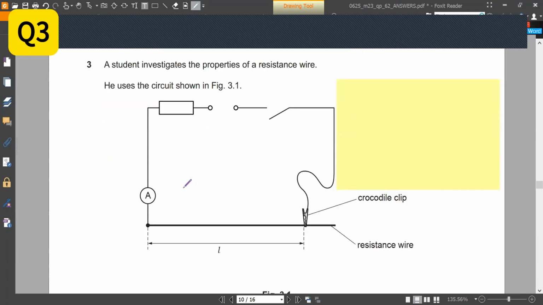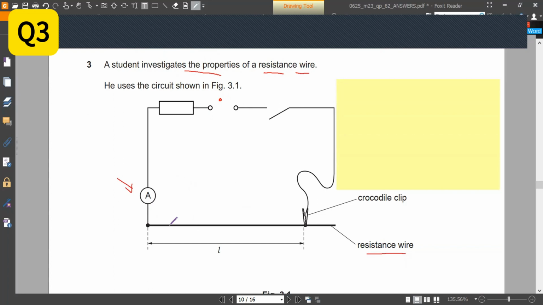Next question. So this one is about the electrical system. A student investigates the properties of a resistance wire. Straightforward. So we have a power supply, and then we have an ammeter to measure the current, and then we have the resistance wire that we want to measure.